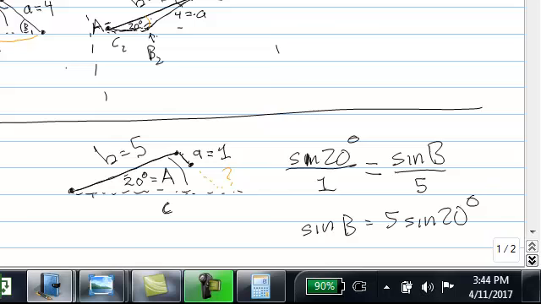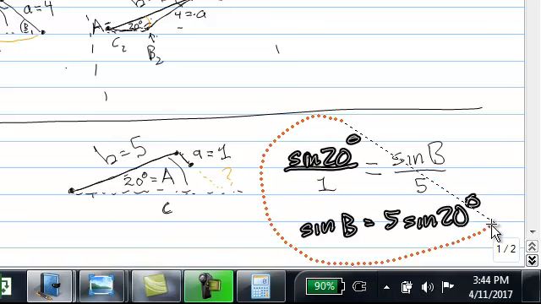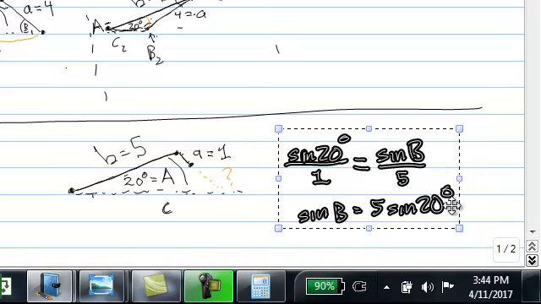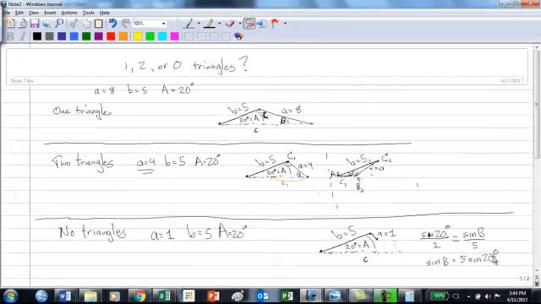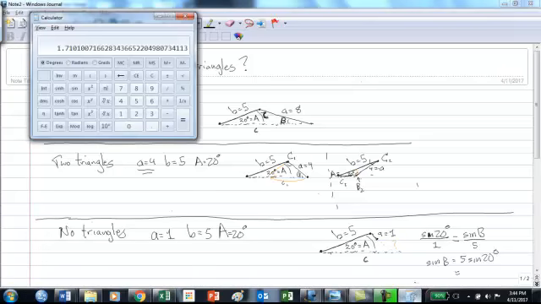Let's see if I can bring that information up so I can get it all on the screen here. Okay, watch what happens. We're going to use the calculator. 20 degrees, sine of, and then times 5. So I'm doing 5 times the sine of 20. I kind of have to do it backwards with this calculator, but that's the way it works.